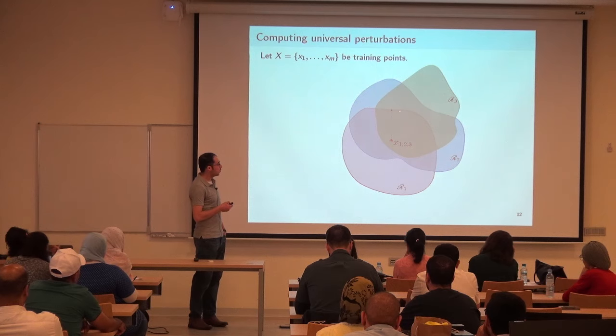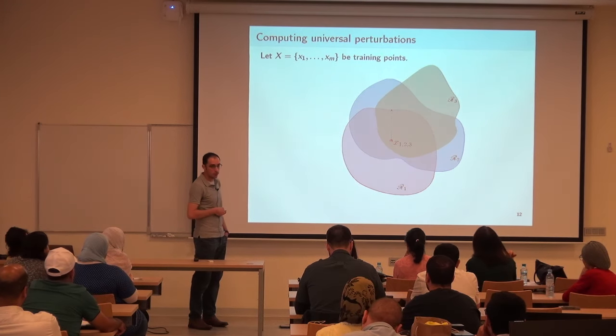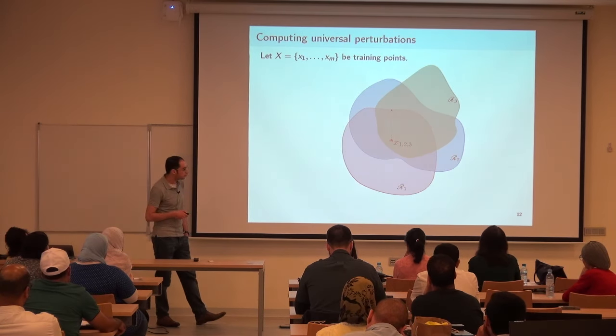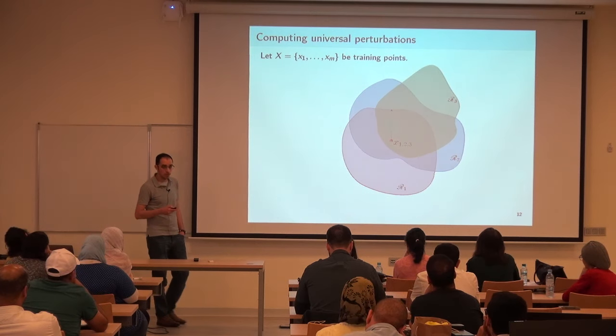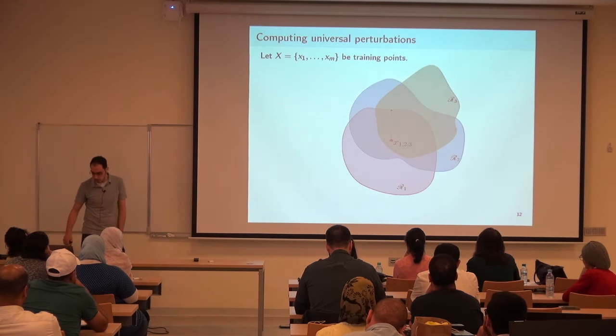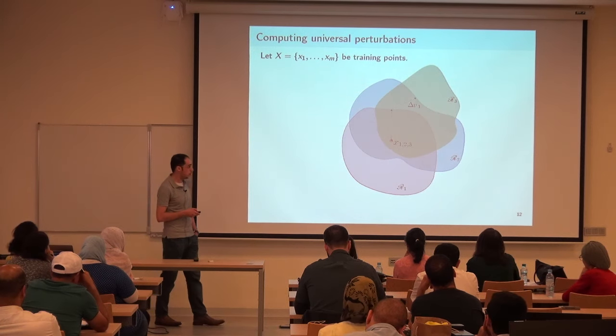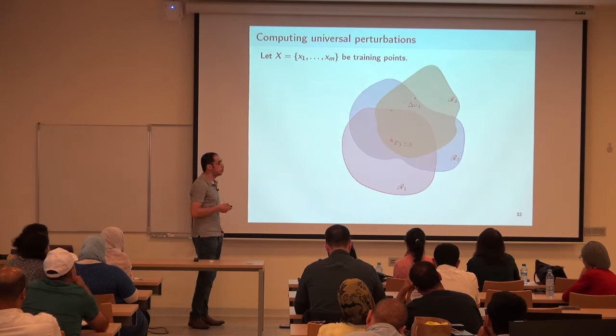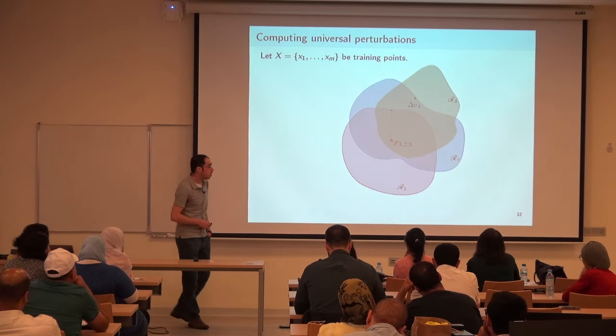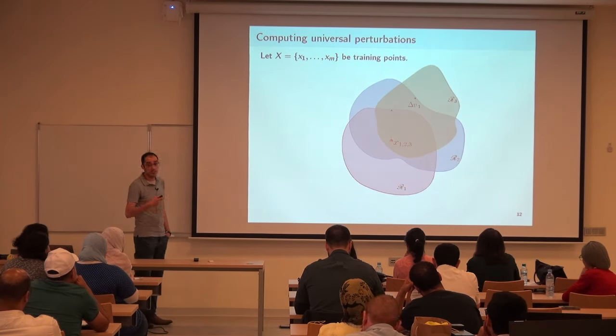But then I'm going to notice that this data point is correctly classified by 2 and 3, but not by 1. So it's not a universal adversarial perturbation. So I'm going to add an increment to this vector in such a way as to lead to a misclassification for the second data point.